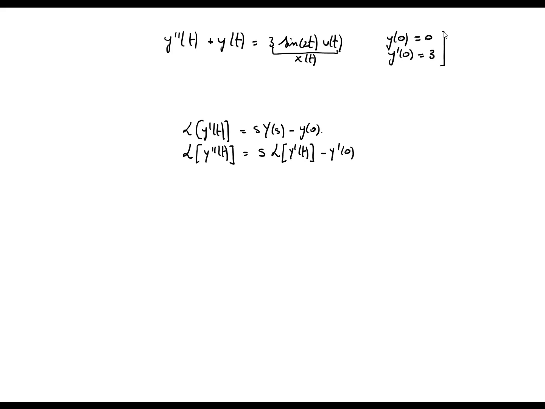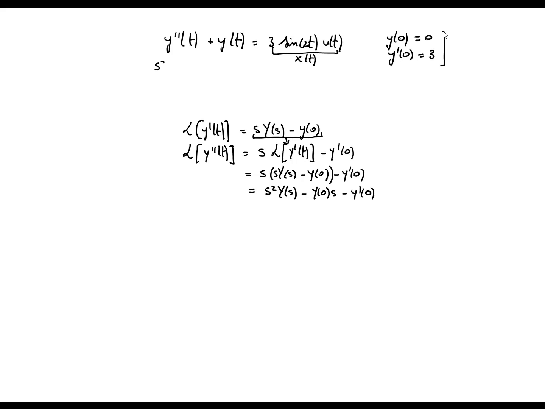So what we can do here is plug that in this equation, and we obtain s times (sY(s) minus y(0)) minus y'(0). Okay, so here I need a parenthesis, so it's s^2 Y(s) minus y(0) s minus y'(0). If I do it this way, I cannot make a mistake. Okay, so let's write it over here.